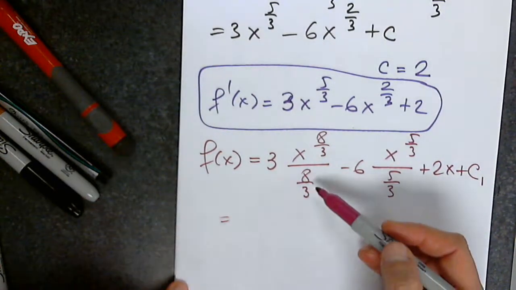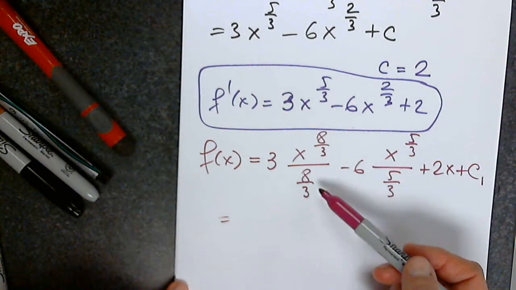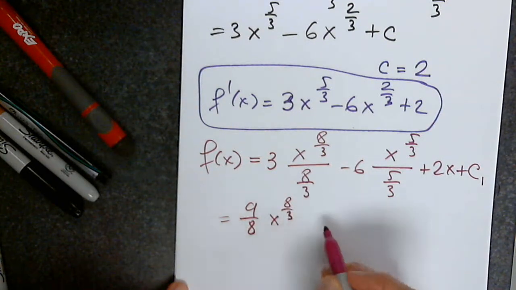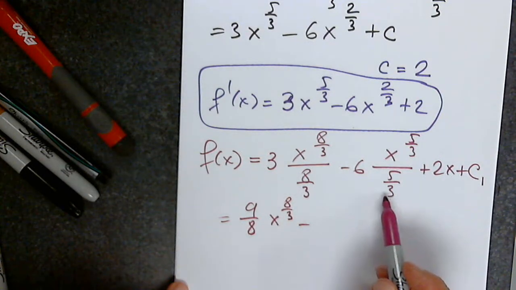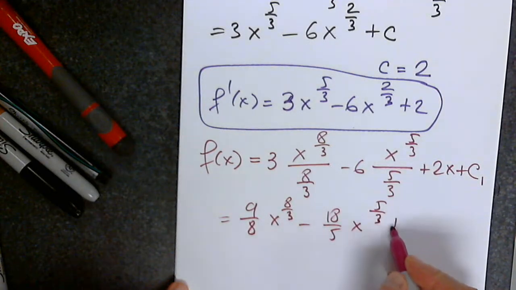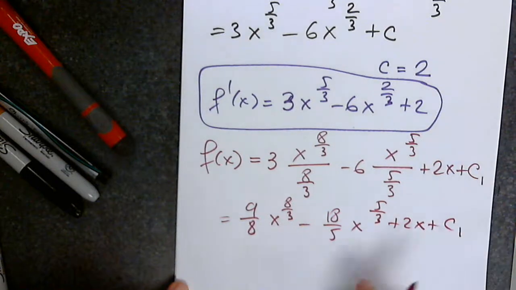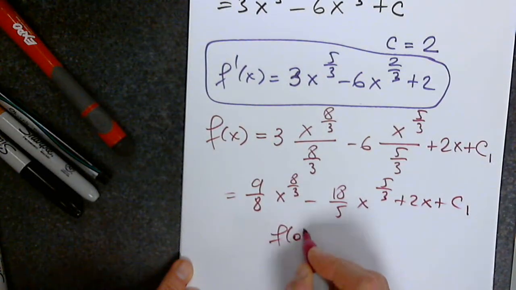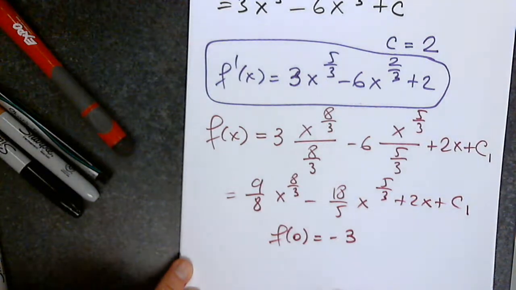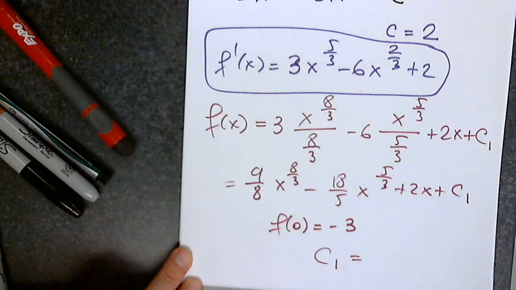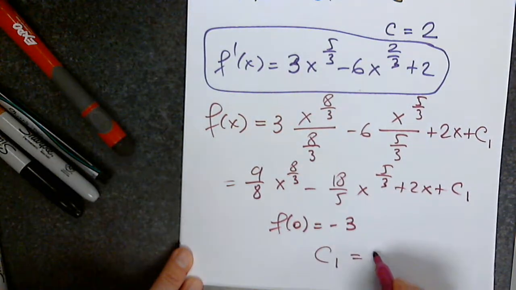So when I flip 3 over 8, I get 9 over 8, x to 8 over 3, minus 18 over 5, x to 5 over 3, plus 2x plus c1. I am told that f of 0 equals negative 3. So then how much is c1? 0, 0, 0, negative 3.